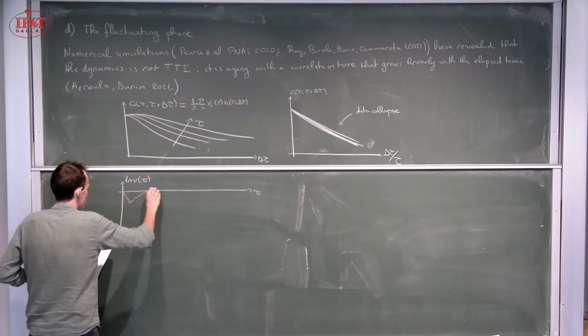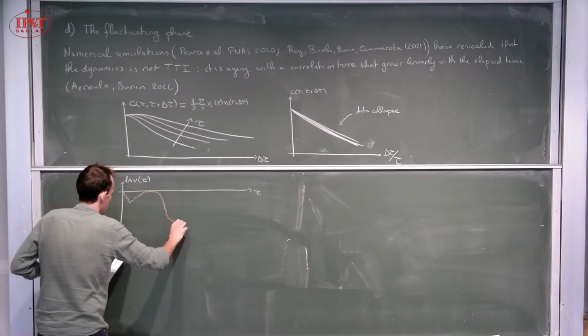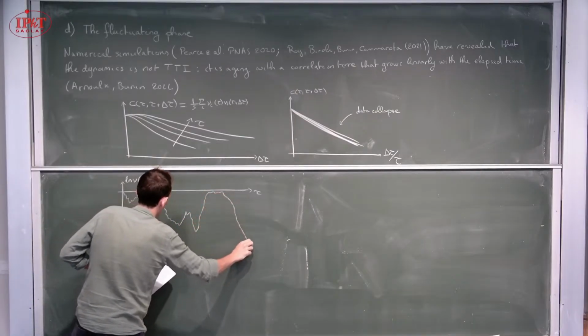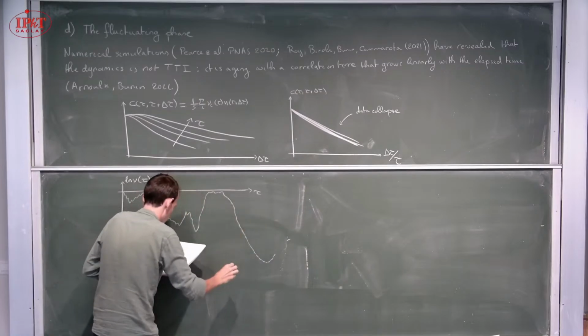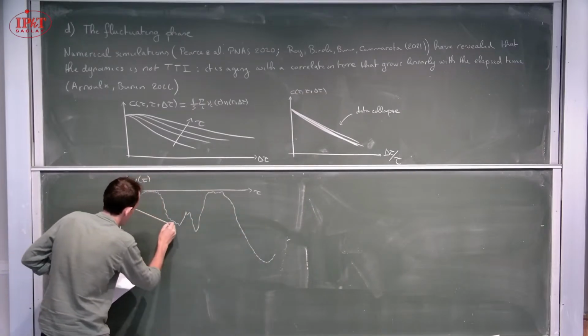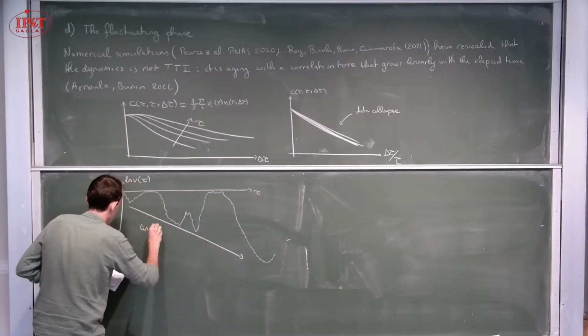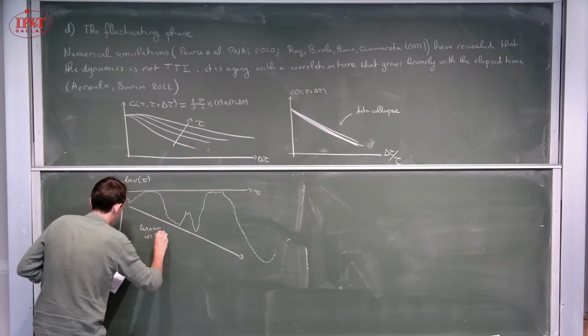It goes down, and now it's order 1, and it goes down, order 1, it goes down. And this defines an envelope that is linear in tau.